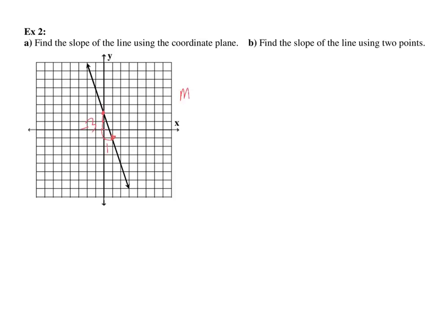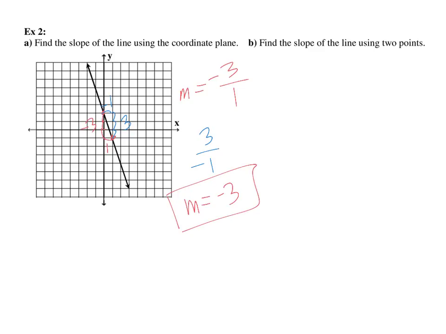So the slope is negative 3 over 1. Or I could have just as well gone up 3 and left 1, which would be 3 over negative 1. Either way, they both give me negative 3 for my slope.